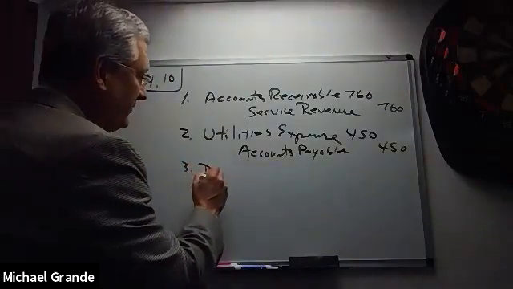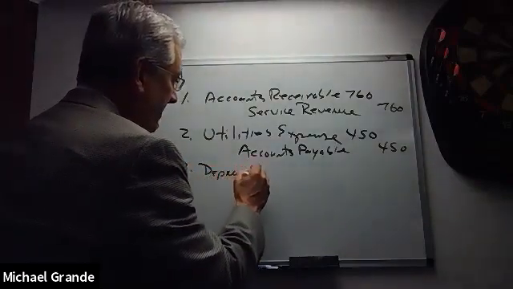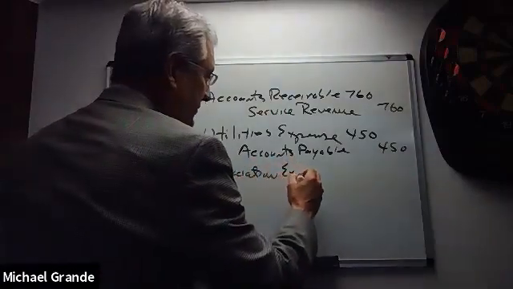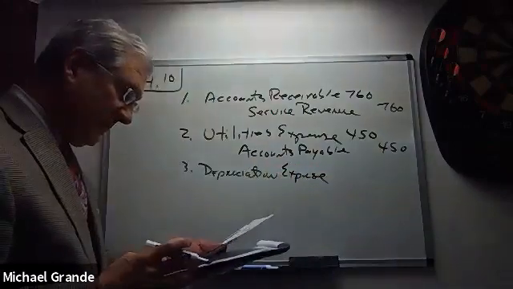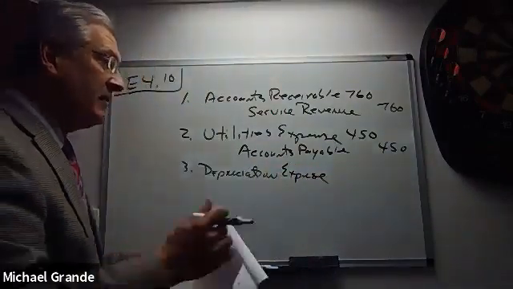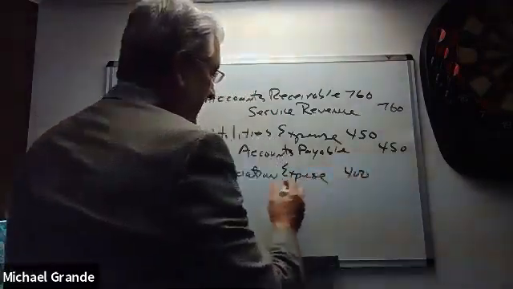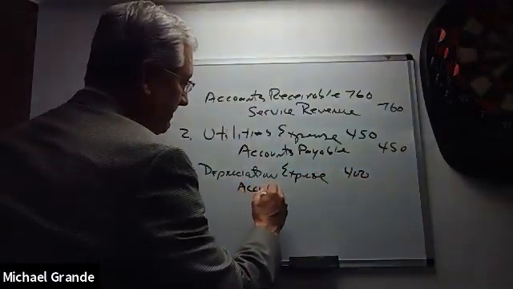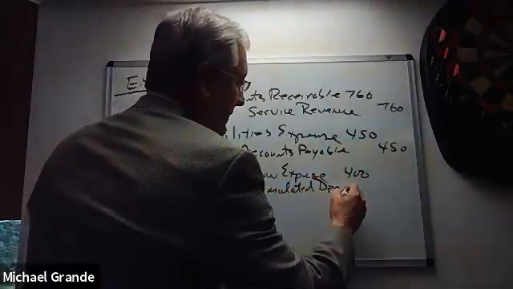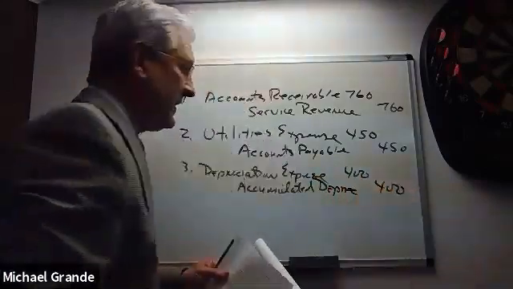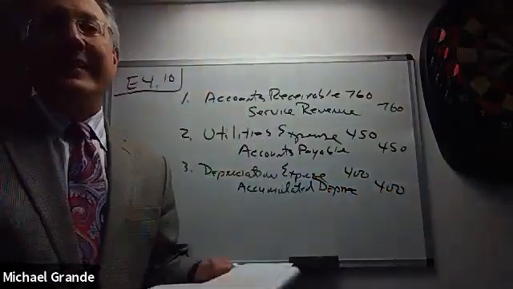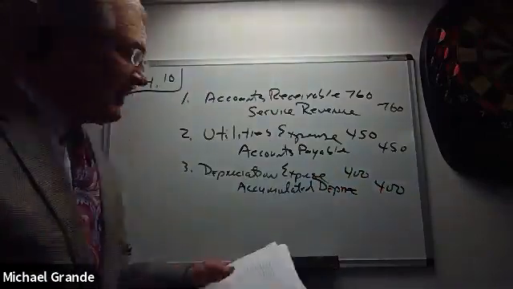First entry we have is for depreciation expense. Remember, we're preparing the adjusting journal entries, depreciation expense, and it said depreciation is at a rate of $400 per month, and the credit is to accumulated depreciation, $400. And we also want to recognize the interest expense that has been incurred but unpaid.